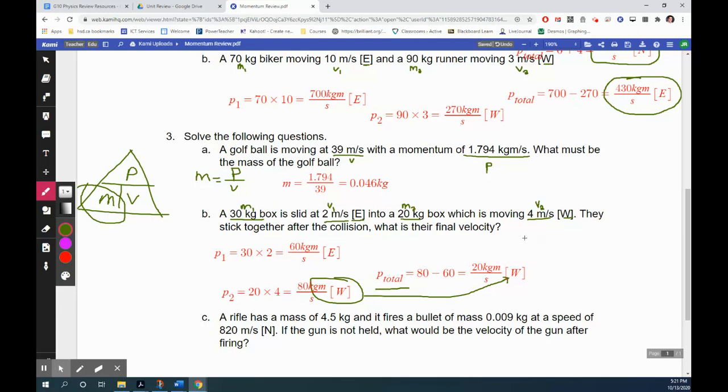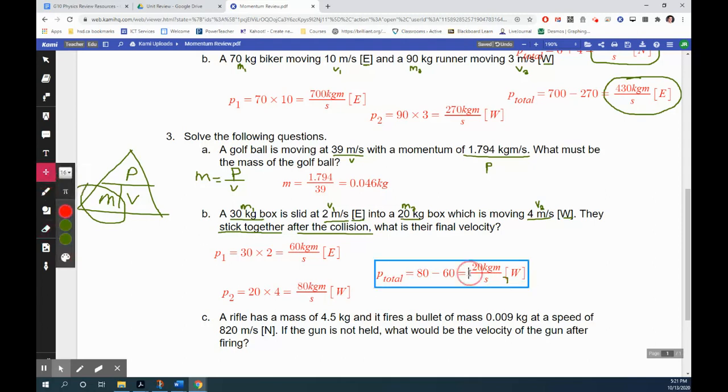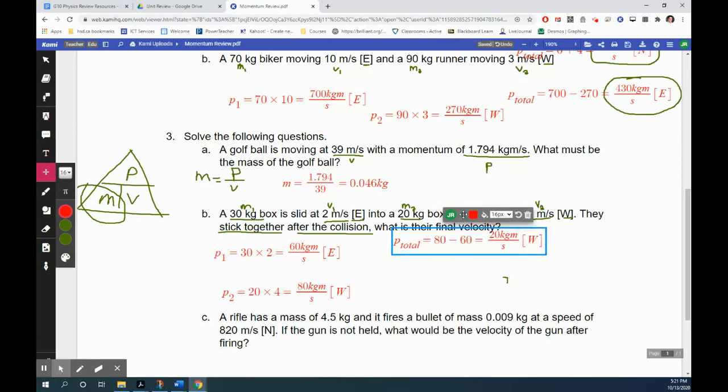But after the collision, they stick together. And so I'm going to clear some of this drawing up. All right, so let's try this. This is our total. This is what ties the two together, okay?